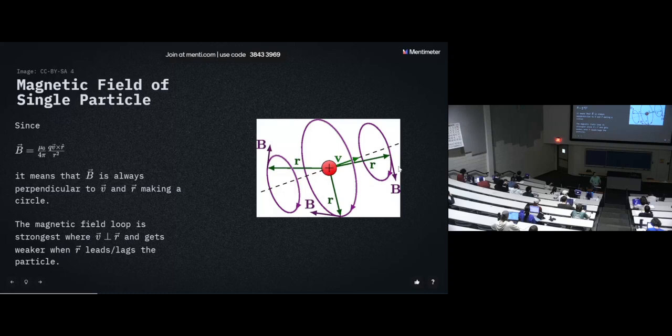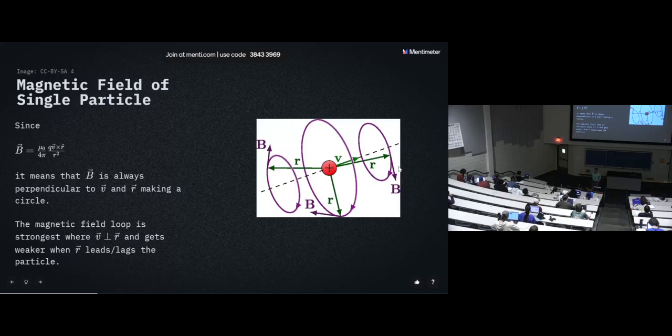So you could think of it as a cylinder. The cylinder is going to have the highest strength perpendicular to the charged particle, to where it is now, and it's going to decrease in strength going out in front of or behind the charged particle.